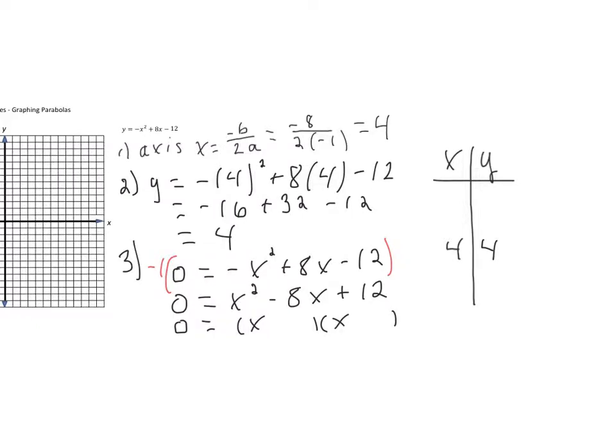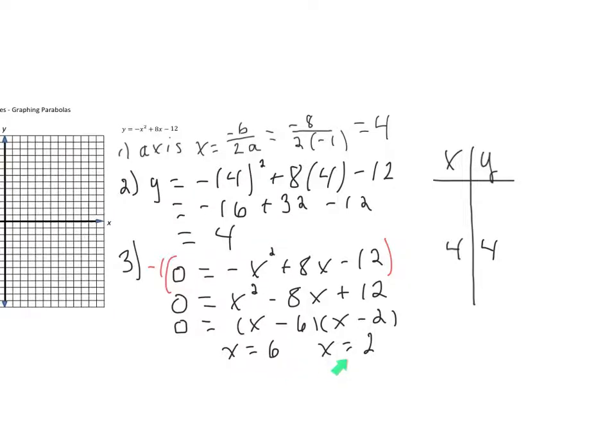And factors of 12 that will add to negative 8 will have to be negative 6 times negative 2. So setting each of these factors equal to 0 will give us x equals 6 and x equals 2. So we have our 6 and 2.